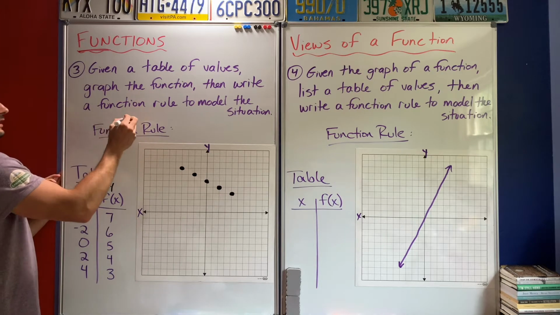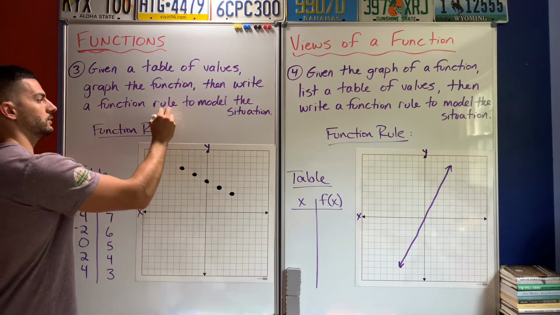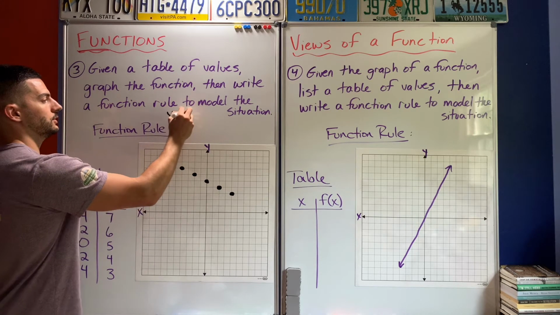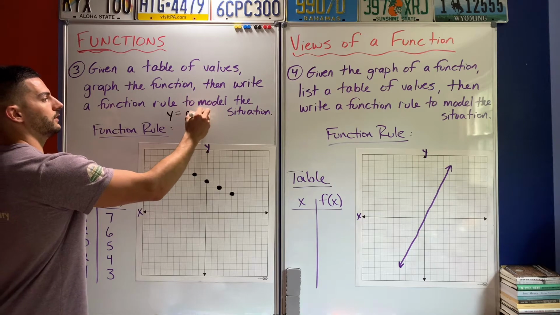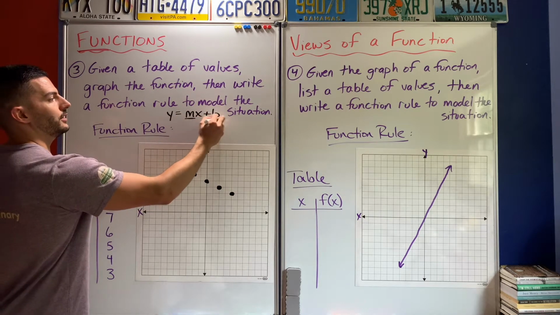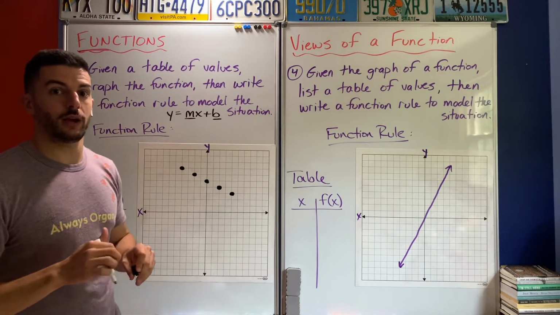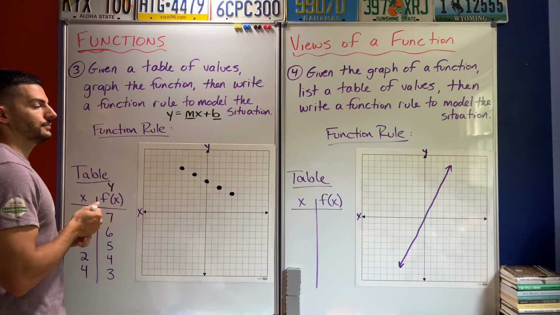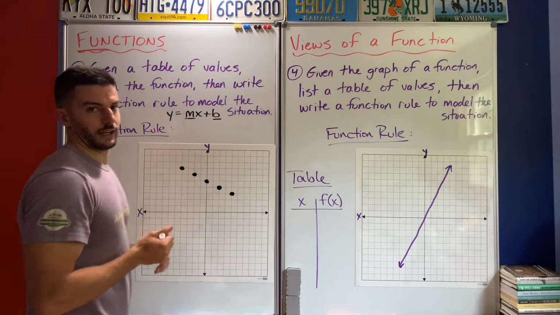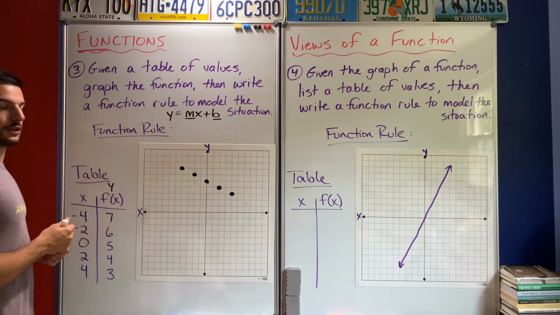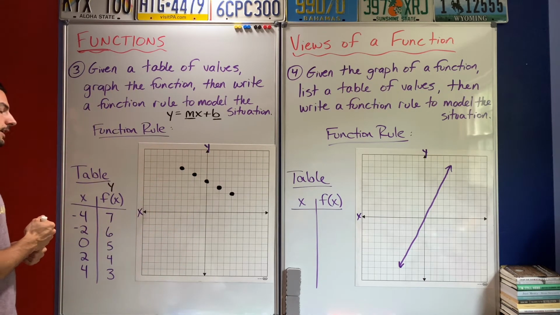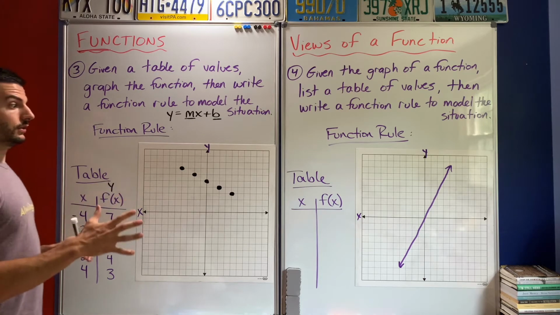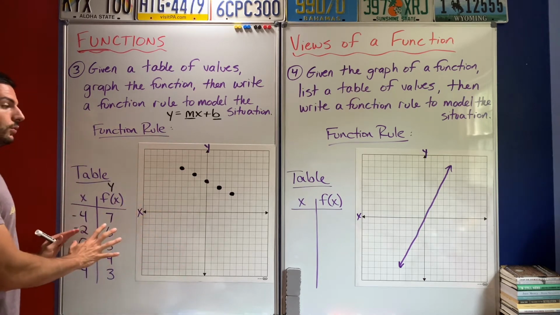And again, I said kind of the template that we're going to use for an equation is y equals mx plus b. And I gave a brief explanation as to how we find those values, the m and b values here. And I'm just going to walk through that again, just because that's the tricky part, is finding those two values. But you can do that either from the table or from the graph.